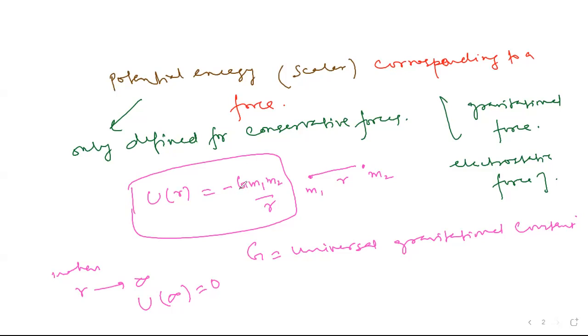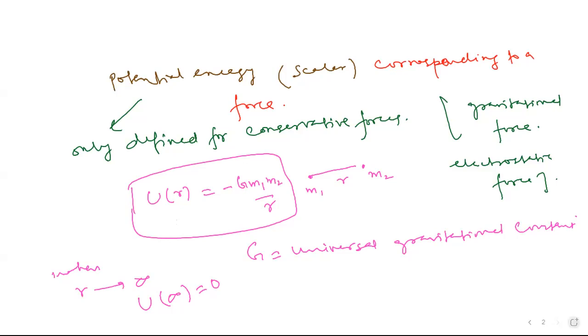In gravity, gravitational potential energy is only negative because gravitational force is only attractive. Negative potential energy corresponds to attractive force, right? So since there is no repulsion in gravity, because of that, we don't have positive gravitational potential energy.